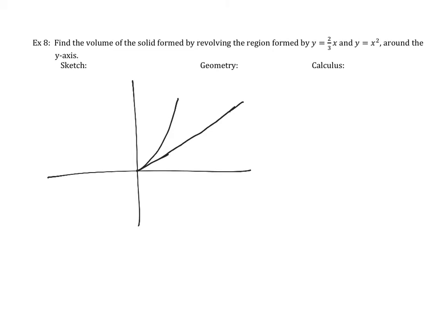I'm doing an estimation here. Revolved around the y-axis. And I should have given you more information here. This would have to be given information from y equals 1 to y equals 4, because these two curves will not intersect each other again. So we're not doing the region bounded by those two. In this case, I would just be given what region I want to find the volume of.